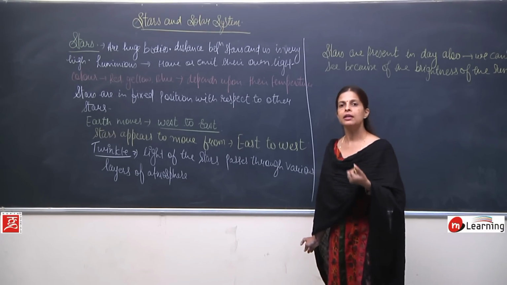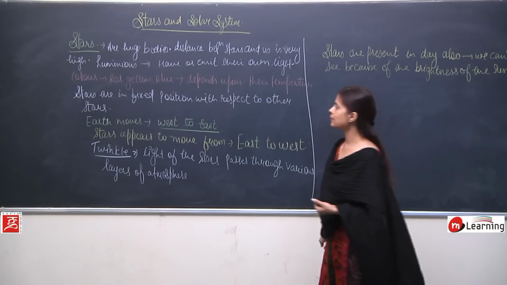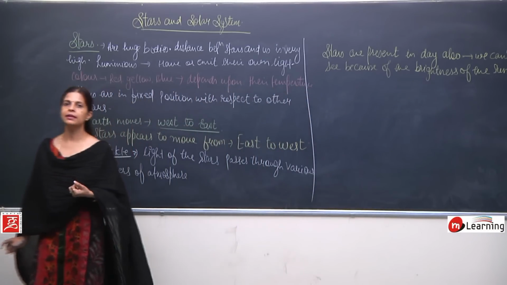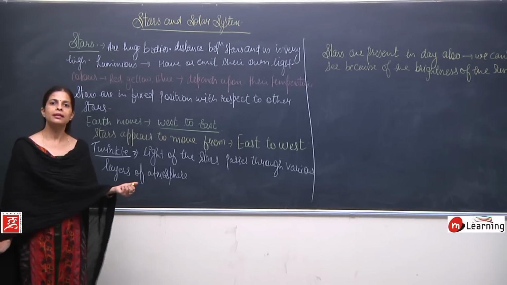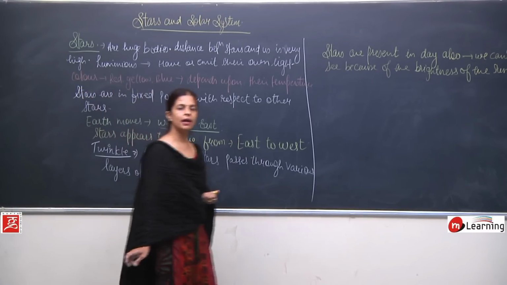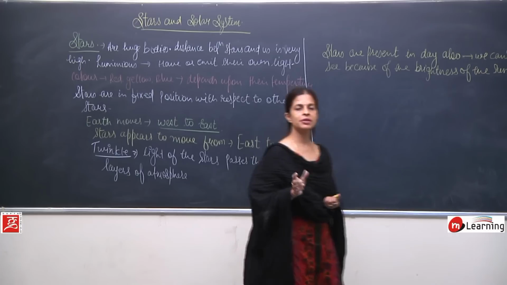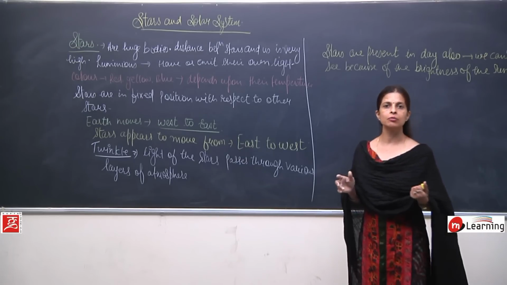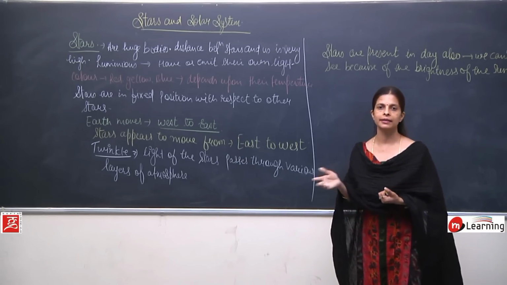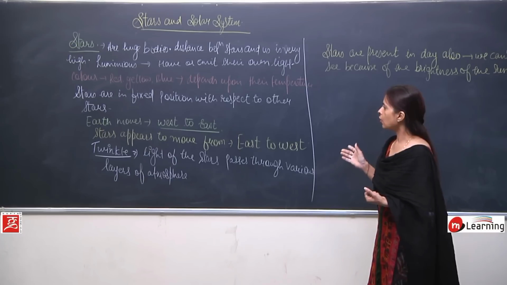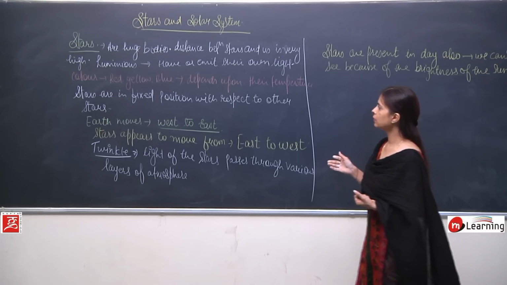Because the light, when it reaches our surface, has to pass through various layers of the atmosphere. They are actually at a fixed position. Actually we are moving, earth is moving, and so we feel that they are also moving.